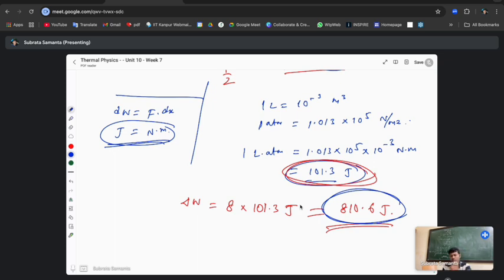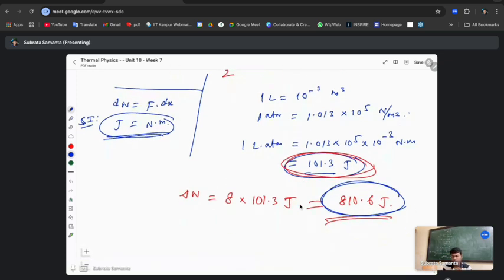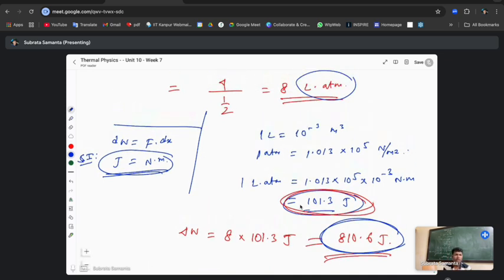The work done has the unit joule. So I have to convert liter atm into joule, or Newton meters. I know that the liter is 10 to the power minus 3 meter cube volume, and atm is first converted into pascal and then Newton per meter square. So this gives simply this.